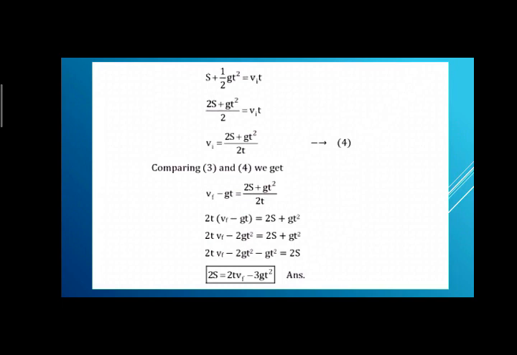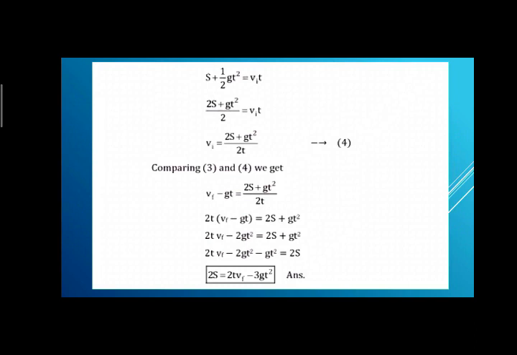So 2s plus gt square divided by 2 is equal to vit. Now to find the value of vi, shift this t toward the left hand side. So from equation number 2, the value of vi is equal to 2s plus gt square divided by 2t.